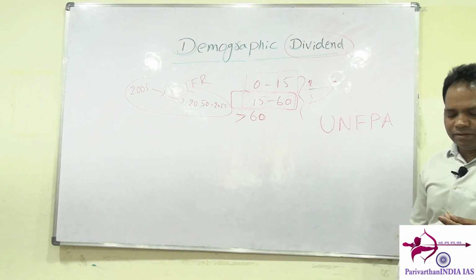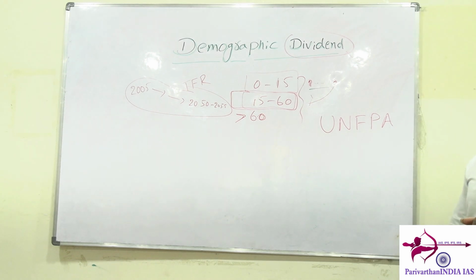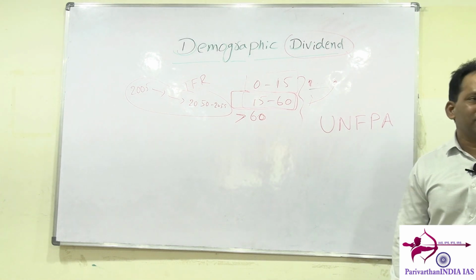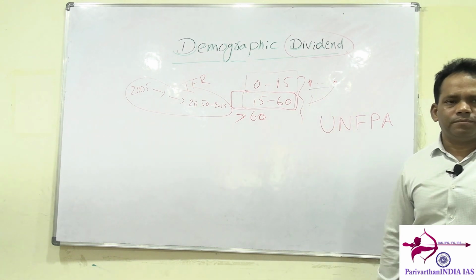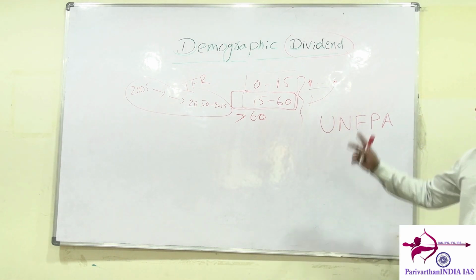According to demographers, every nation passes through a demographic dividend at one point of time. Okay? At one point of time.